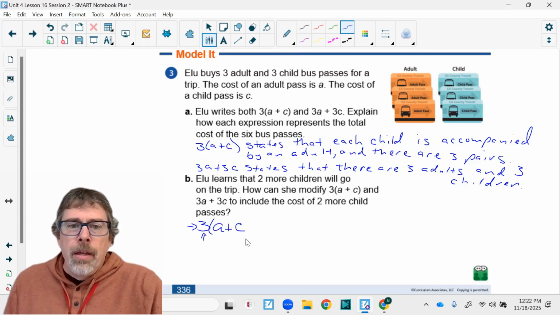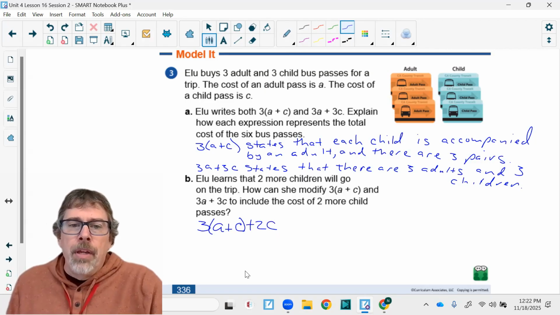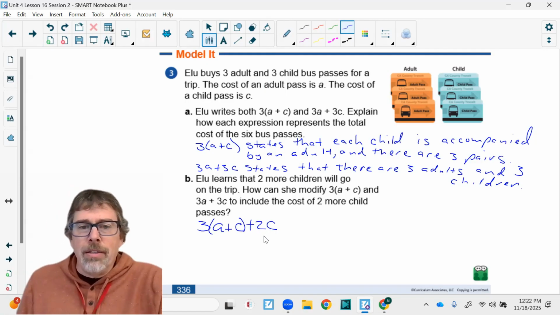So I cannot change this to a 5. There aren't 2 more adults, it's just 2 more children. So there's nothing I can do with this except add 2 children to the end of it. So 3 times A is 3A, 3 times C is 3C, and then add 2C to that 3C, and you get 5 children's tickets.